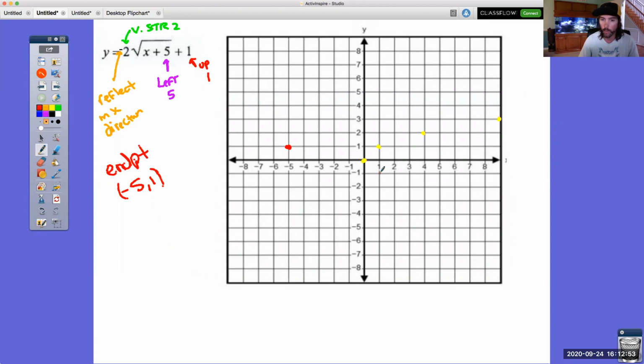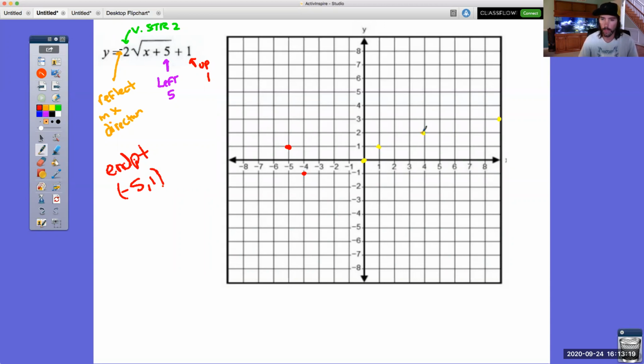Instead of being 1 point below, I'm going to double that. I'm going to multiply it by 2. I'm going to go 2 points below. So let me illustrate. Flip, stretch. Now go left 1, 2, 3, 4, 5, up 1. That's your second point.